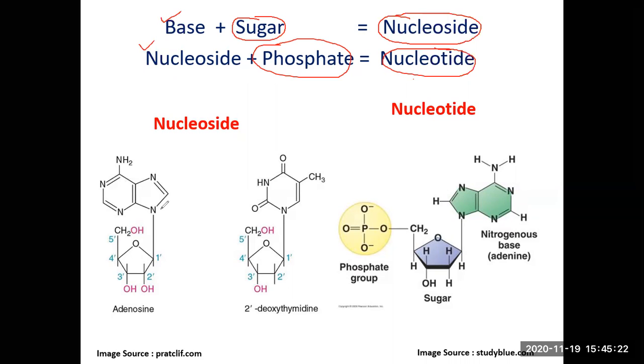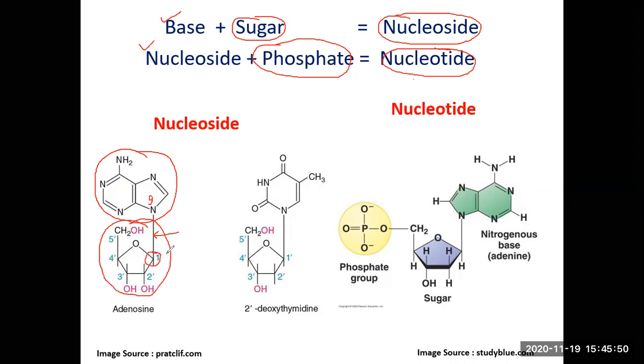So this is a nucleoside. For example, you have a base. This is a purine base because it is a purine ring. And this is a sugar. This is a ribose sugar, right? And the 2 are joined by a bond which is called a glycosidic bond. It is a beta glycosidic bond. This bond is formed between N9 of the purine ring and C1 of the sugar.